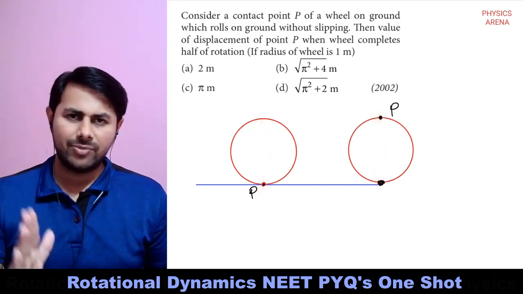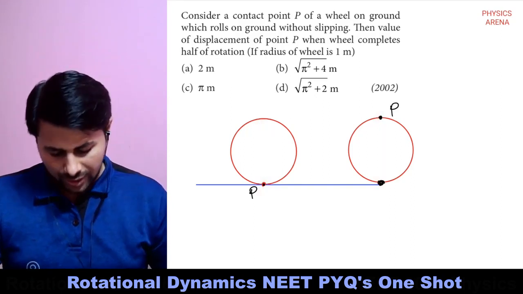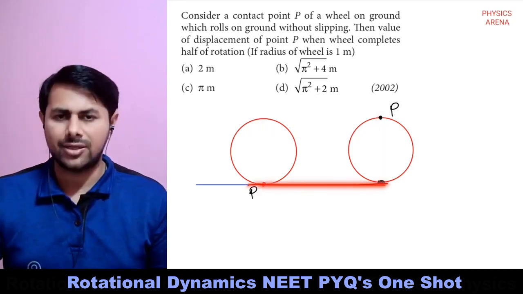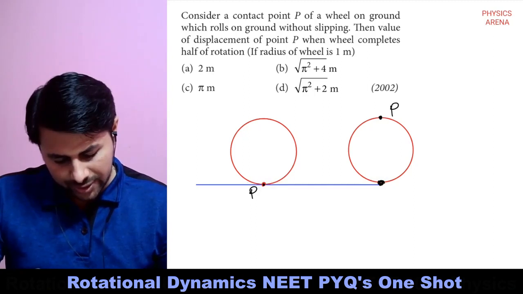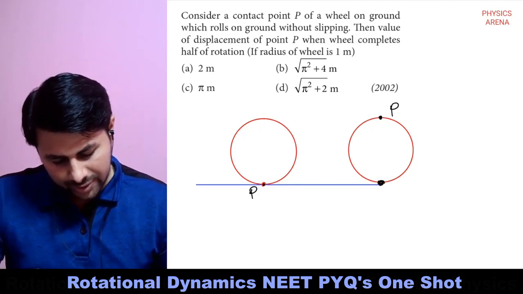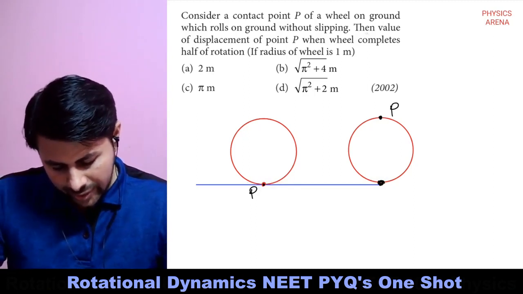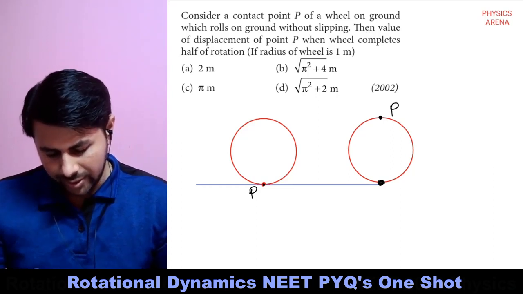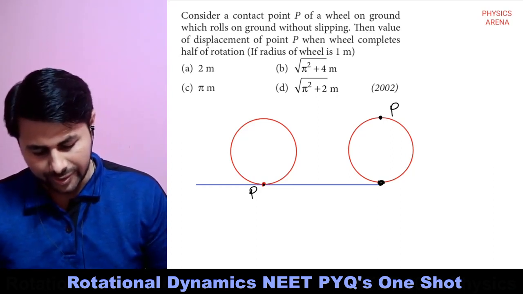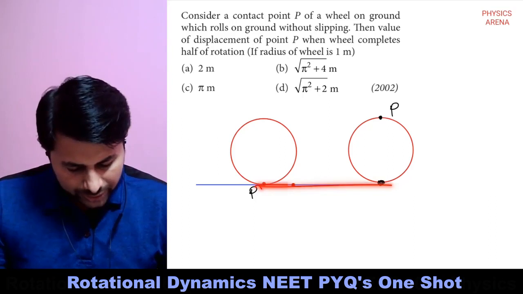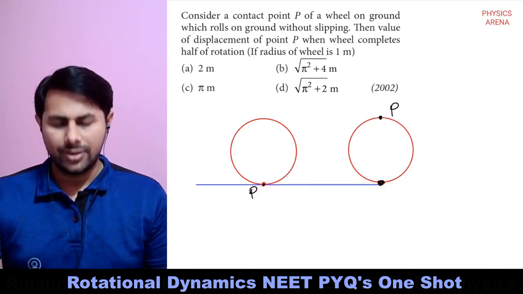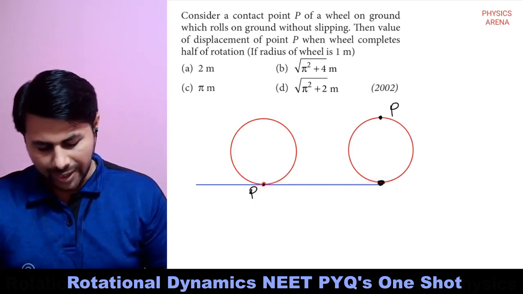The vertical distance will be 2r. And how much horizontal distance will it cover? Since it rolls without slipping, the horizontal distance should be equal to pi r.